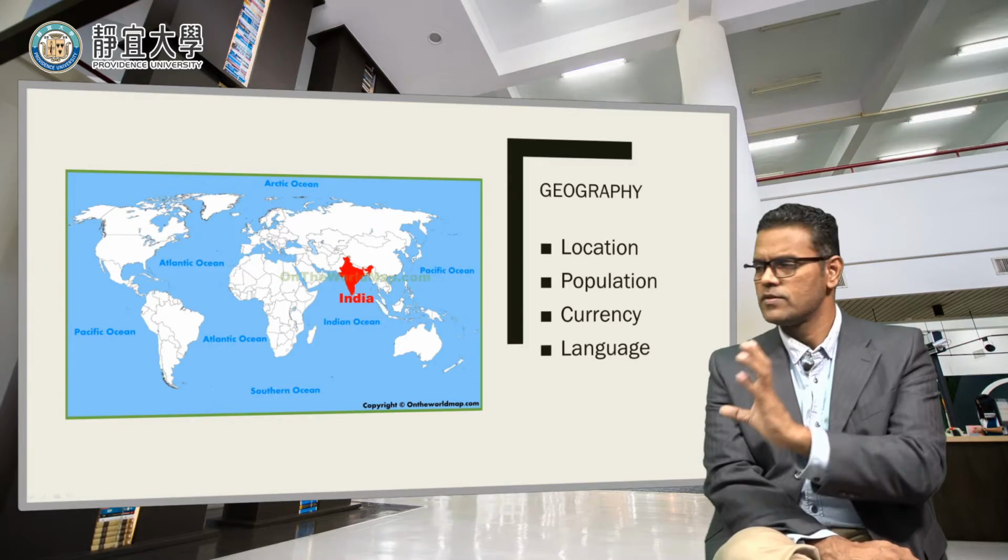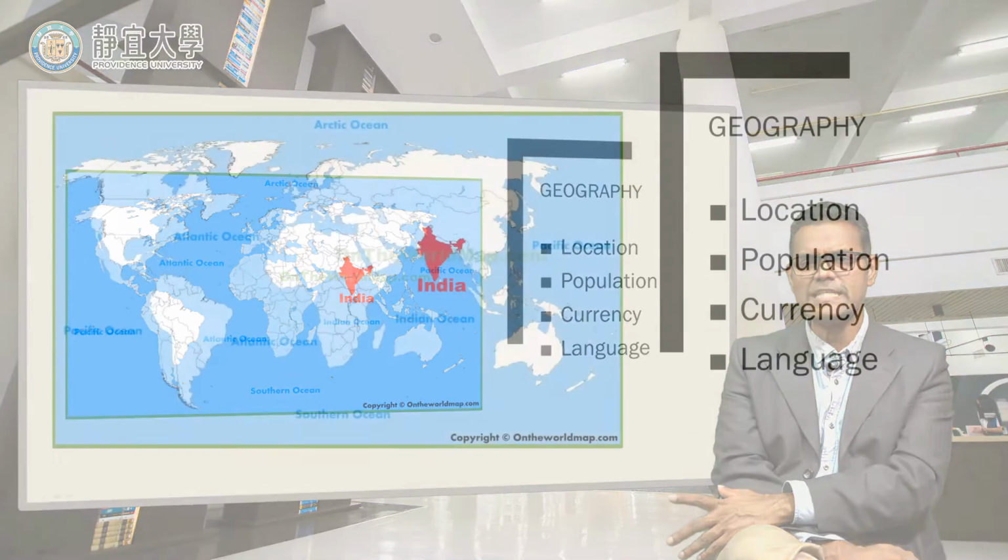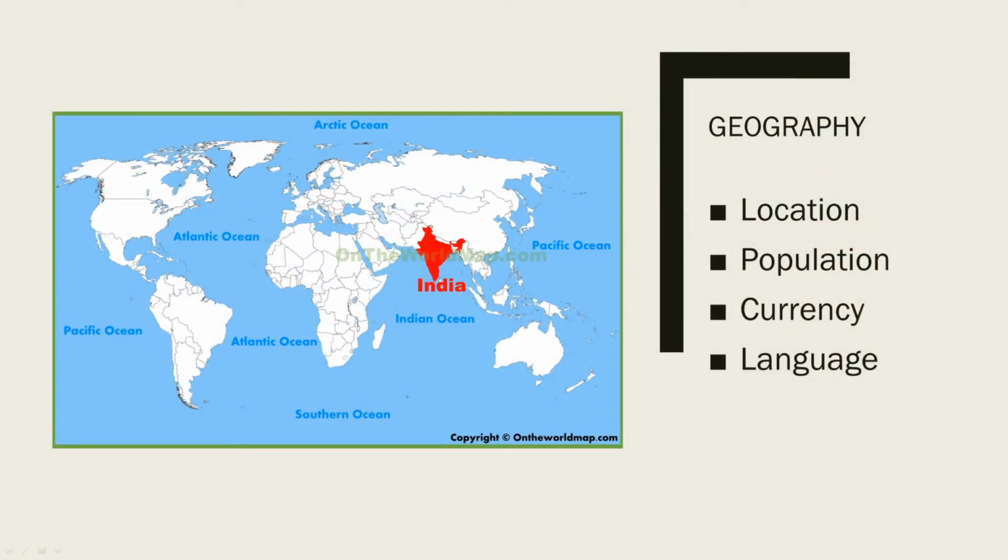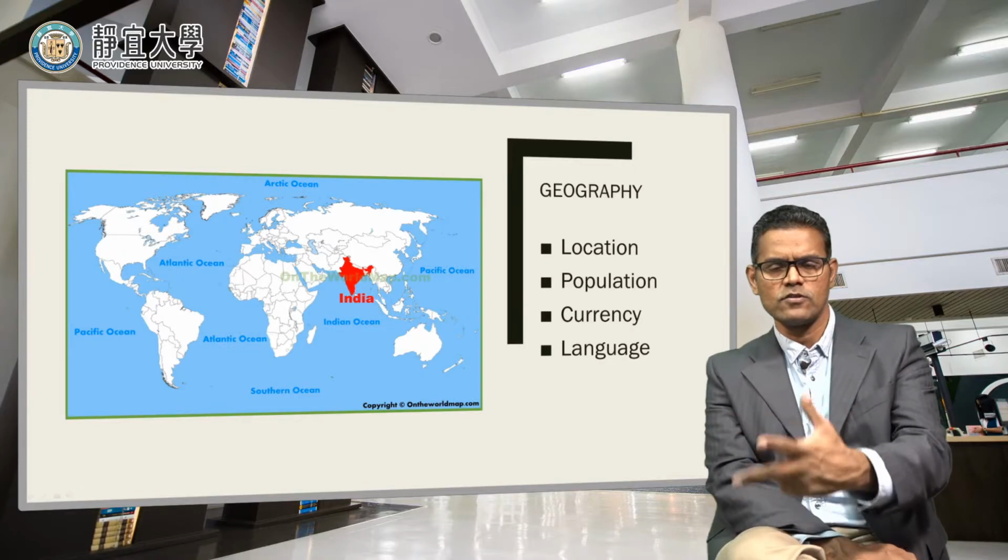So you show where India is in the world map, as you can see. How far is India from Taiwan? Do you see Taiwan there? Somewhere there, right? And the distance, you can talk about it if you want to provide that kind of information. For example, to fly from India to Taiwan, if it's a direct flight, it takes about 8 hours to reach Taiwan.